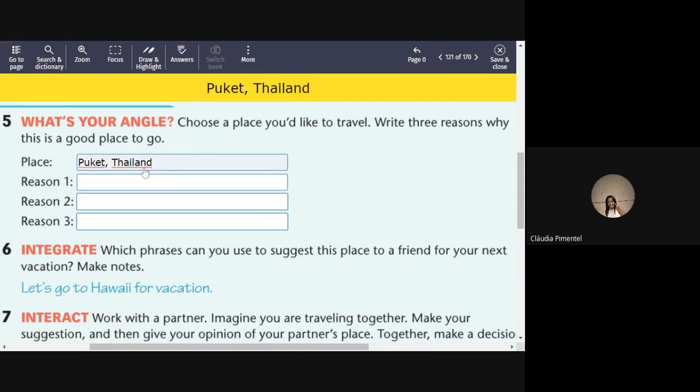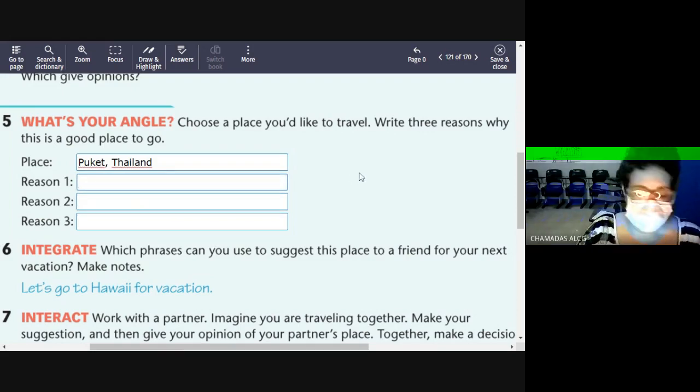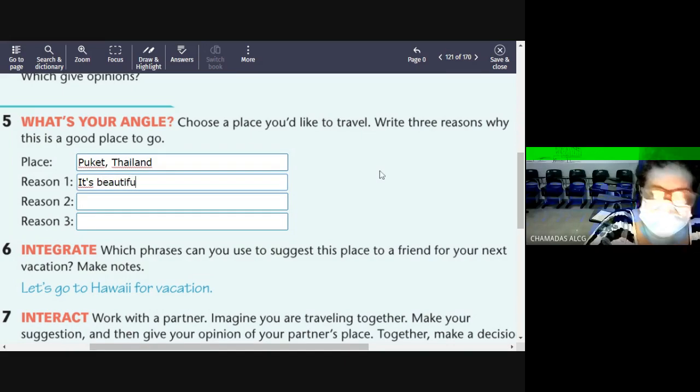Good idea. Good weather. It's a good idea. Yes. Why is it a good idea to go to Phuket, Thailand? First of all, because it's beautiful. Yeah. That's a good reason, right? Okay.